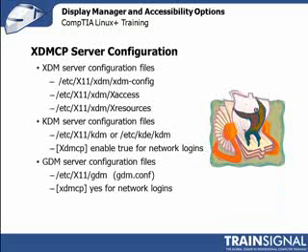So we've talked about the XDMCP server login screen options. Each of the display managers has its own configuration files that lets you tweak the settings you see on the screen at login time. XDM servers have their own set of configuration files, usually stored in etc x11.